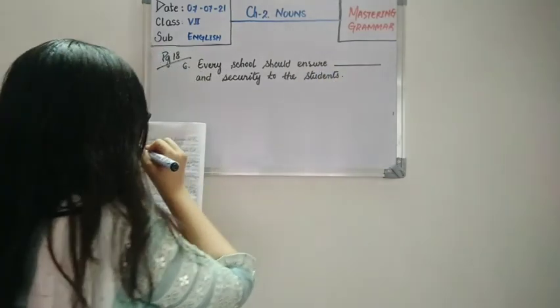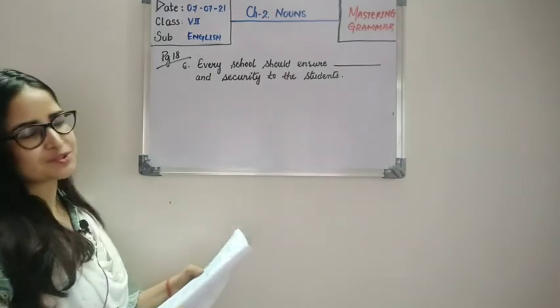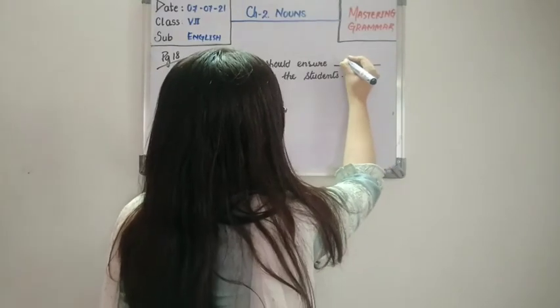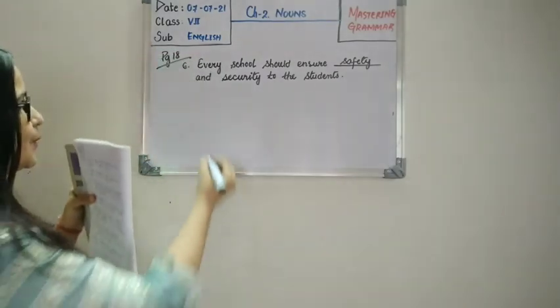So the word we have to change into an abstract noun is safe. Safe is an adjective, and we have to add ty to it. Safety, it's an abstract noun now.